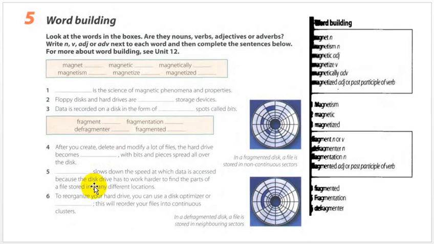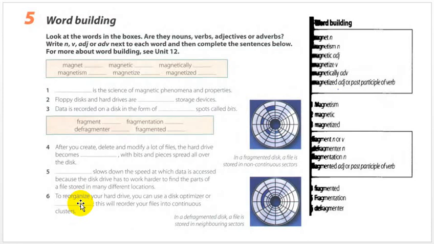Fragmentation slows down the speed at which data is accessed, because the disk drive has to work harder to find the parts of a file stored in many different locations.